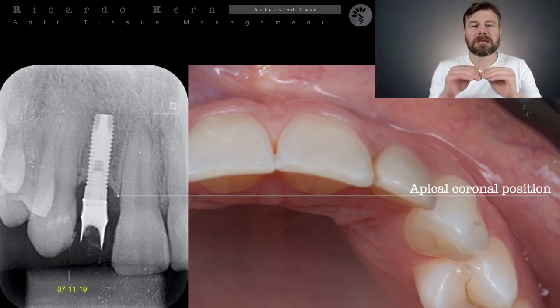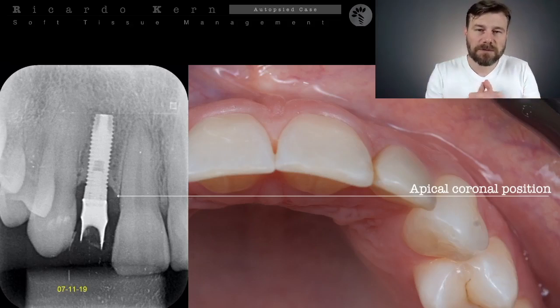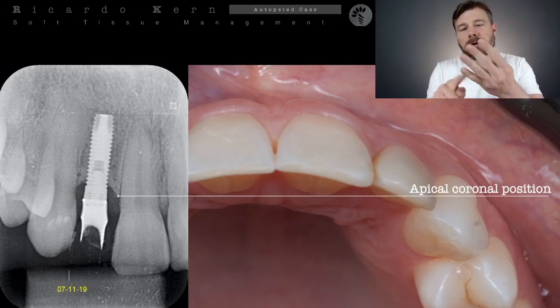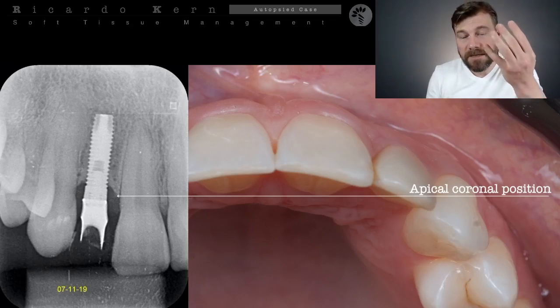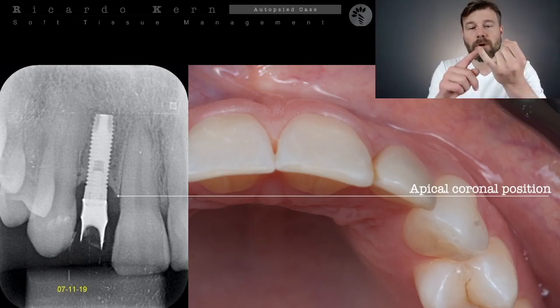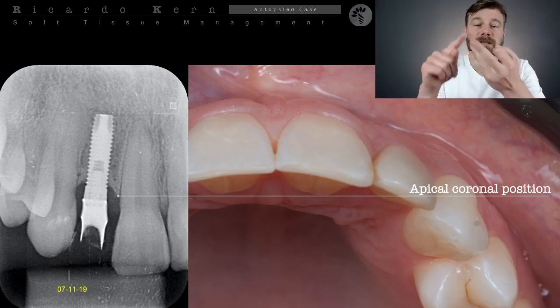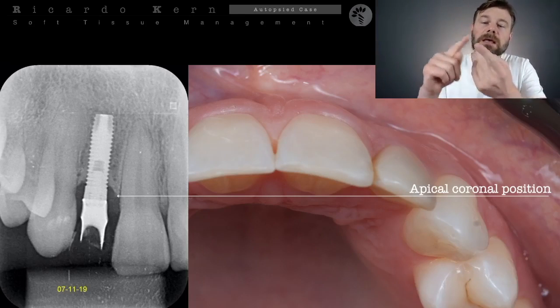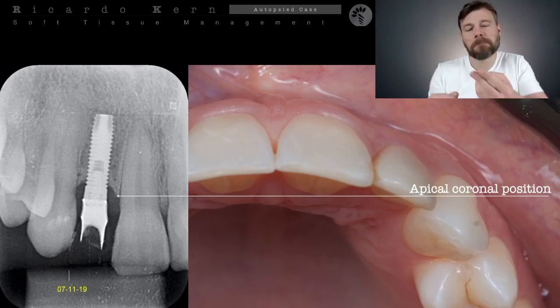So in which case is this position very important? Do you remember the four kinds of aesthetic problems that we face in the peri-implant tissue? Color, volume, deficiency of the papilla, and recession, okay?